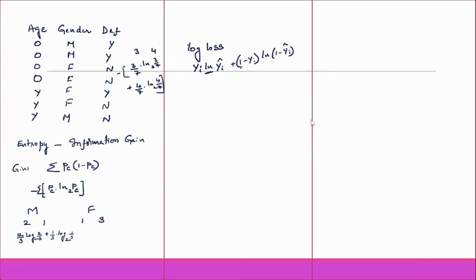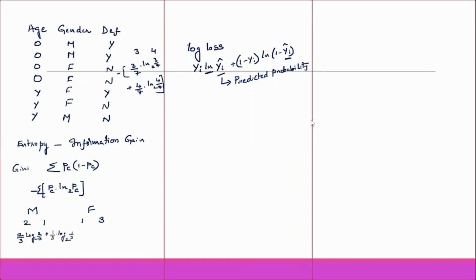Here yi cap is the predicted probability. So we can very well get the predicted probabilities, and we will try to minimize the error. In this way it becomes more of an error-based learning. By using a log loss function, it is no more information-based learning. It is becoming error-based learning.